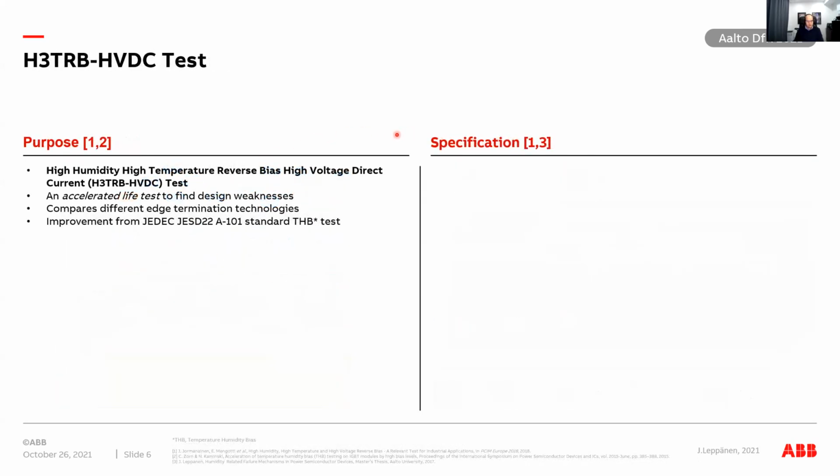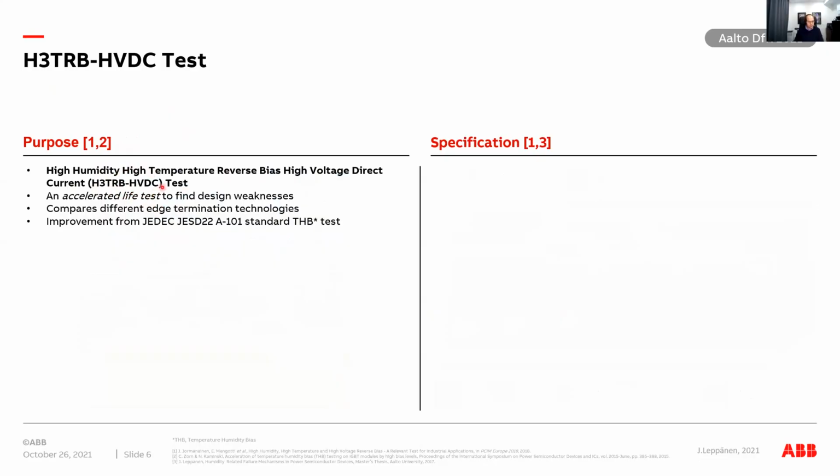Okay, so first I will briefly describe how we can generate these kind of problems. There is this test called high humidity, high temperature, reverse bias, high voltage direct current test, so H3TRB HVDC. Typically we just call it the H3TRB test for short.